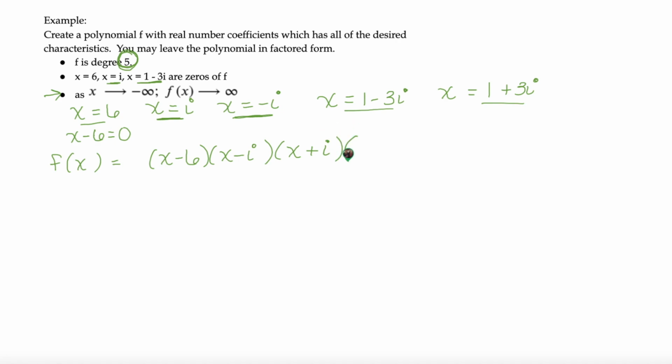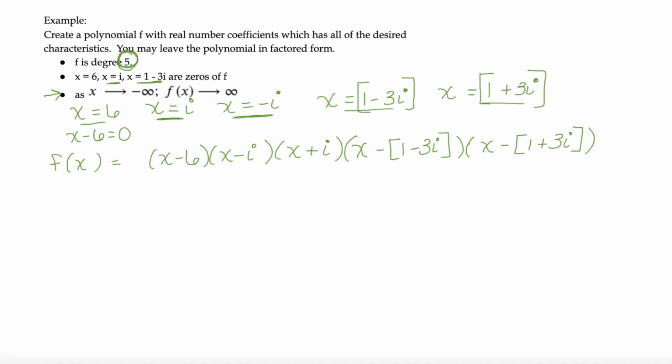I'll also have, like I did on the last example, when I've got these binomials that are complex, I'm going to take x minus this whole part, so x minus (1 minus 3i), and x minus (1 plus 3i). All of them have, again, multiplicity of 1.